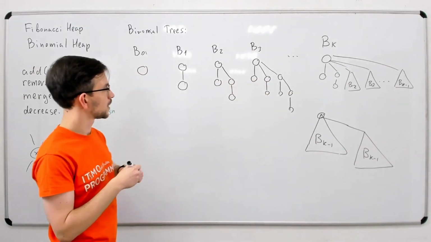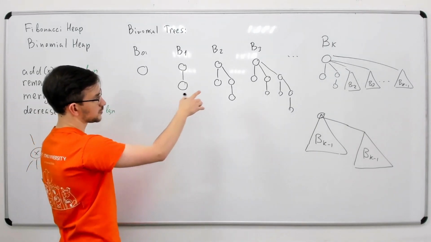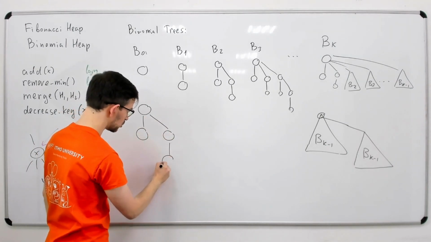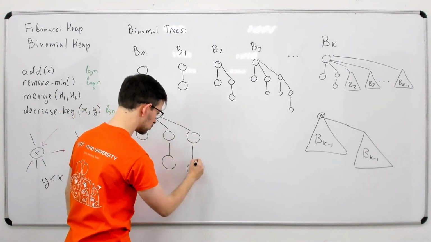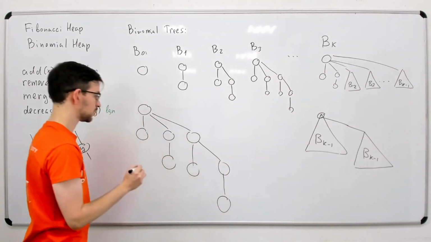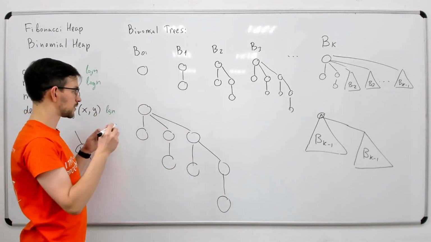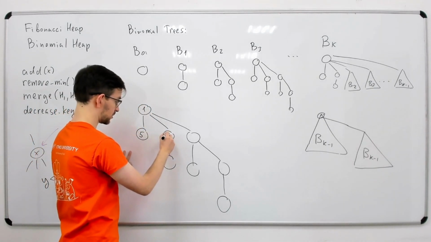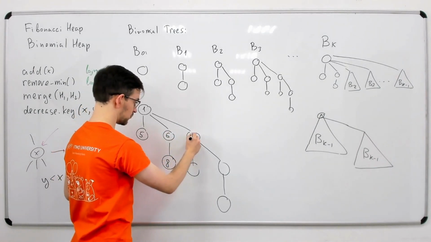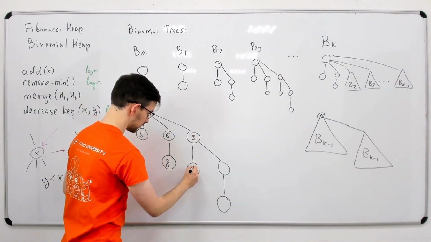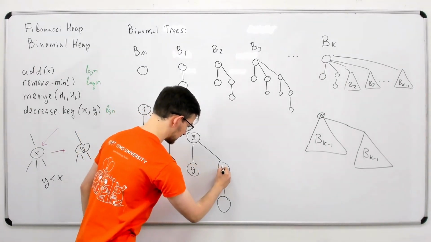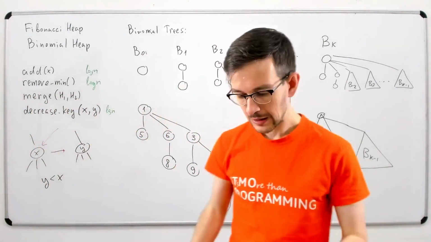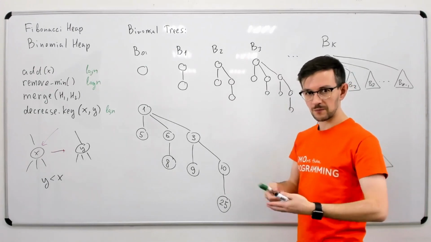Let's add some numbers here, like 1, 5, 4, 6, 8, 3, 9, 10, and 25. That's the heap which is built on top of the binomial tree.